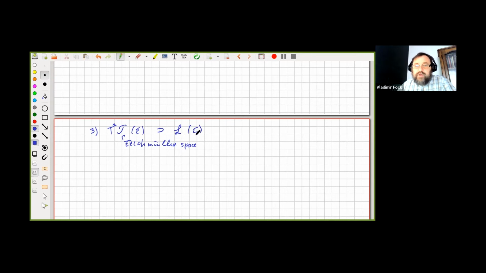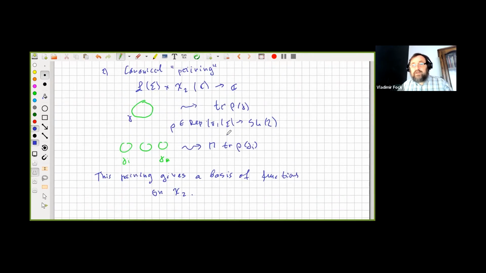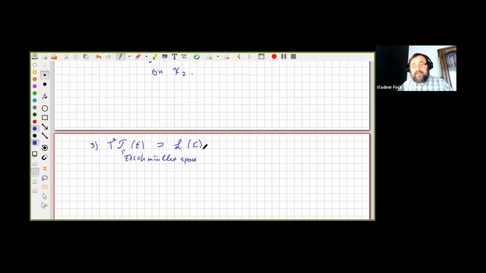You can consider this also not only over Z tropical, but over Q tropical. If you consider chi2 of Q tropical, rational numbers with tropical addition, then this embedding is dense.